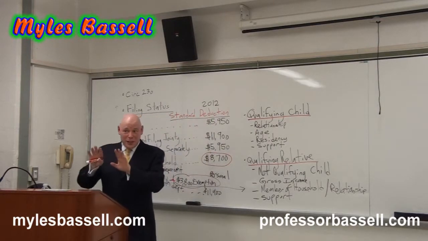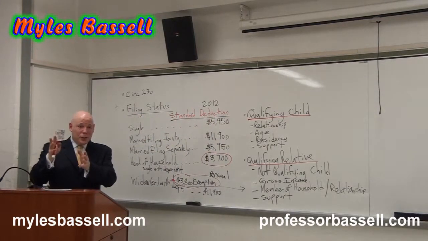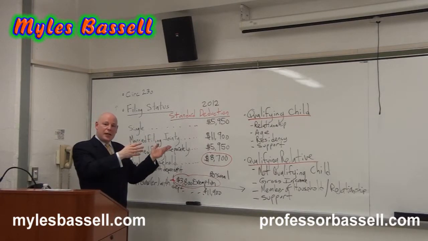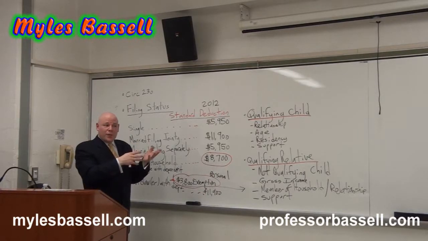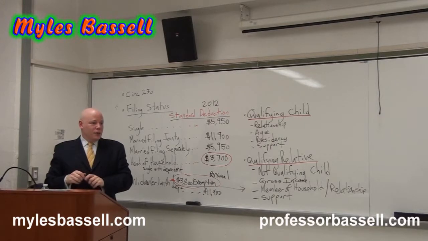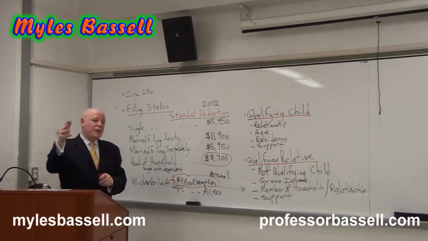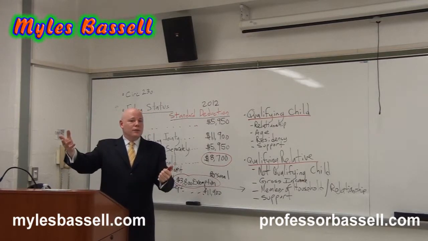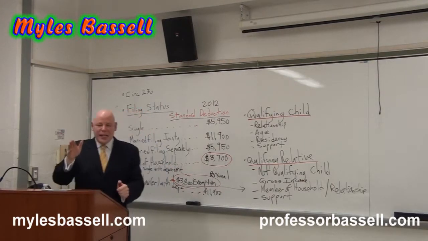So that's different. This is a different rule from what we just discussed about what it means to be single. I said if you're single or if you're married, it depends on what your status is by the last day of the year. So if your divorce decree is finalized by the last day of the year, then you're single.